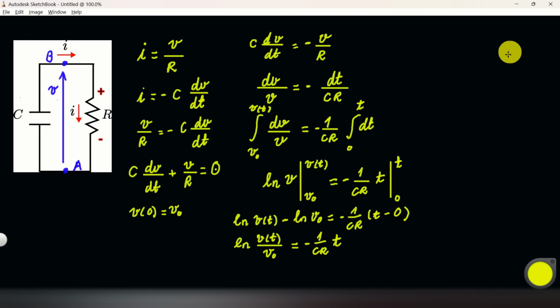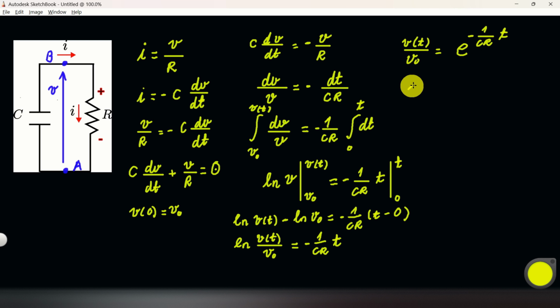I will continue to write over here, and we will transform this equation. The inverse function of the ln function is the exponential function, and consequently we can write v of t over v of 0 is equal to exponential of minus 1 over CR multiplying t.